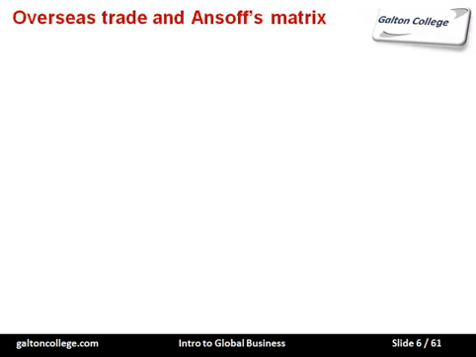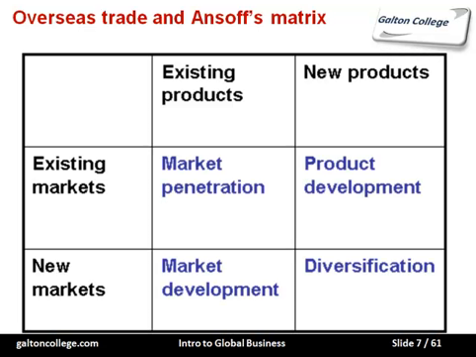Let's start by looking at the Ansoff matrix, a technique which has cropped up in other videos, but let's go back and look at it again. The matrix is simply looking at existing products and new products, existing markets and new markets, and filling in different terms and different situations associated with the intersection of each of these. So, for example, existing products going into existing markets is called market penetration.